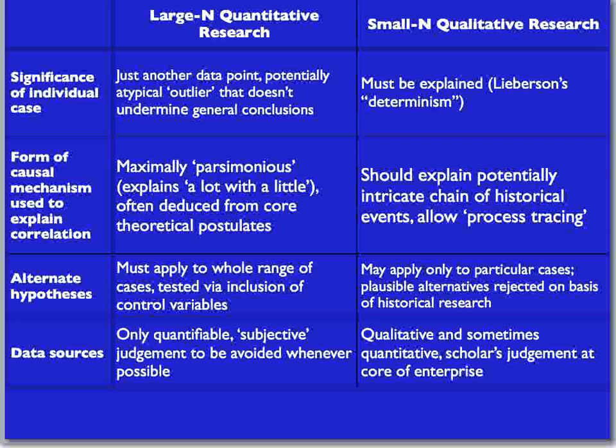In small-N research, investigators often test alternative hypotheses that apply only to particular cases, and they use historical research to figure out whether there are plausible alternatives.